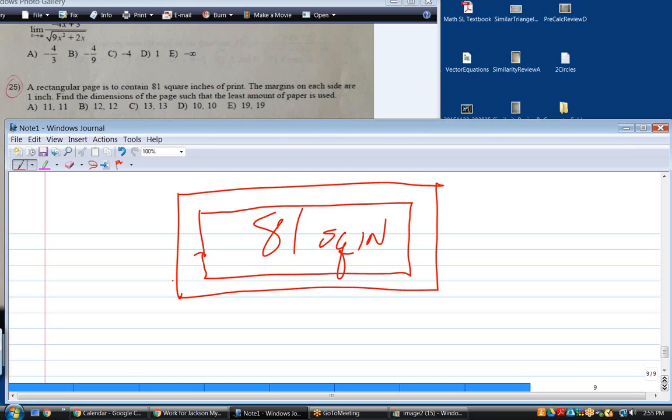So the inner box is 81 square inches. This measurement is 1 inch. This measurement is 1 inch. With me? Yes. Find the dimensions of the page such that the least amount of paper is used.